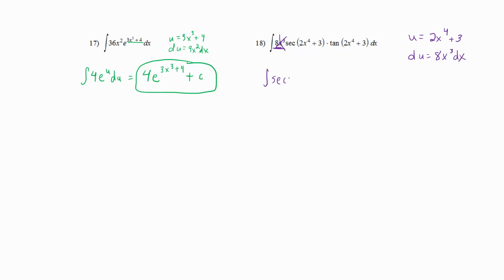We're integrating secant u tangent u du, and the integral of secant u tangent u is secant u. So again, that's either something you have to have memorized, or if your teacher lets you use a formula sheet, you can have it written on a formula sheet. And then don't forget your plus c.